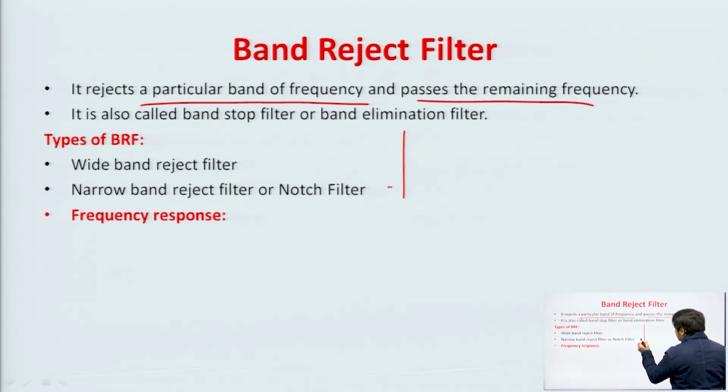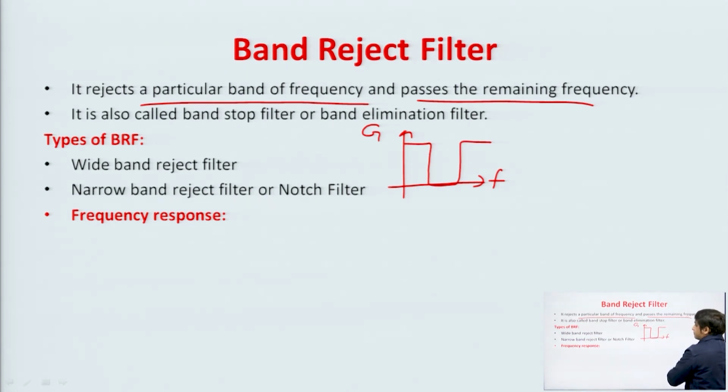It means that when we draw the frequency response of the band reject filter, which is the graph between gain versus frequency, in ideal case the response will be like this one. So, you can see that from frequency FL to FH, we are not getting any gain.